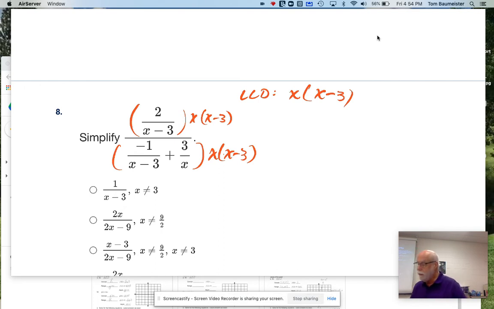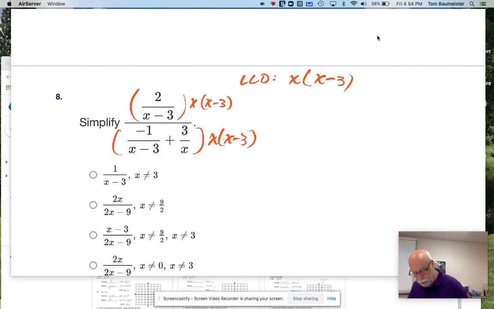So if we look at it that way, because again, look at what you're trying to do. You're trying to get rid of the fraction here. So on this top one here, I have an x minus 3 on the bottom. I have an x minus 3 on the top. What I have just left, I have 2 times x. So I'm going to have a 2x on there.